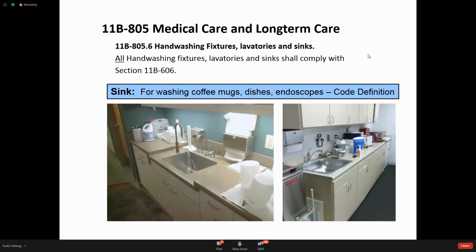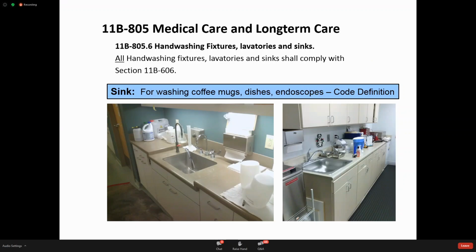So in our medical facilities, this would be both your break room sink as well as the sink that you might provide in a soiled utility room for cleaning things out. It's not for washing your face. It's a different thing. The reason this is important is that there are two different accessibility requirements for those two different things.